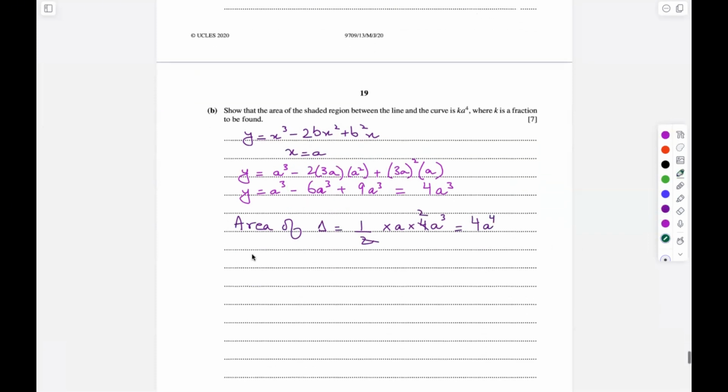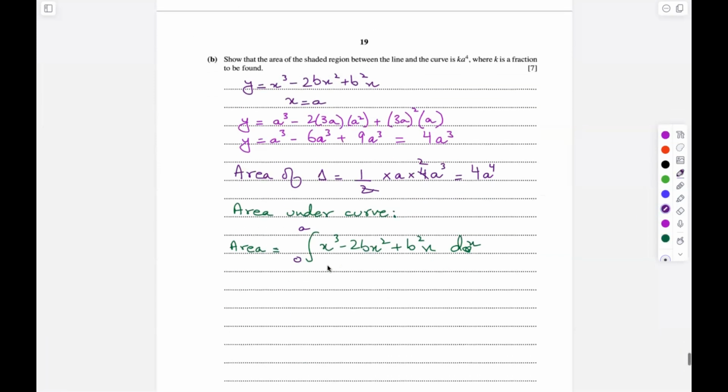Now to find the area under the curve, we'll integrate the equation of the curve and we'll use the limits a and 0. So the equation of the curve is x cubed minus 2bx squared plus b squared x, and we write dx when we are integrating, and the limits in this case will be a and 0.